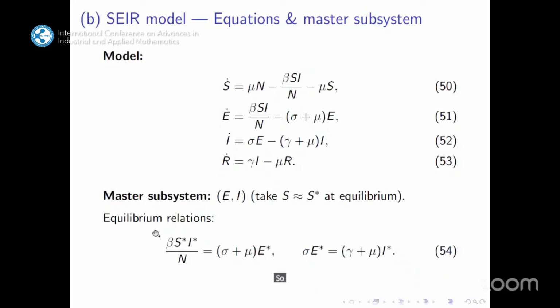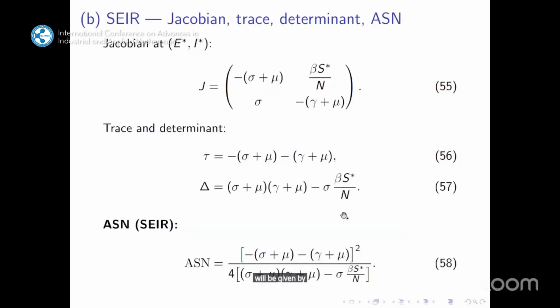In this case, your equilibria will be given by that, and your Jacobian will be given by 55, and then your trace and determinant will be given by equation 56 and equation 57. So the strength number in this case will be given by the following equation.